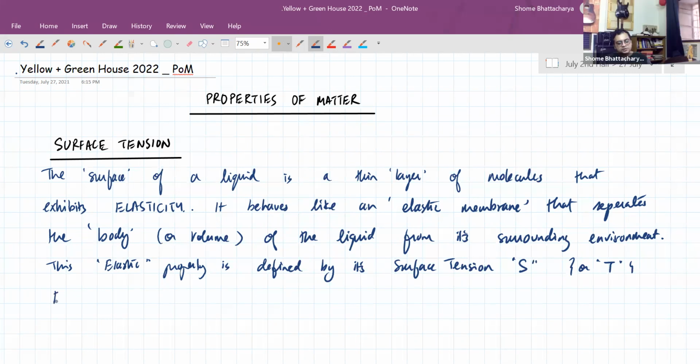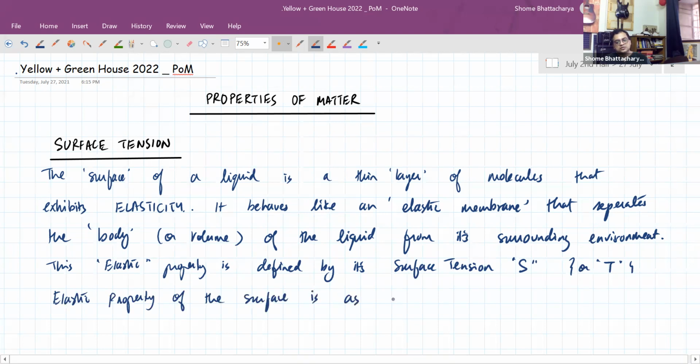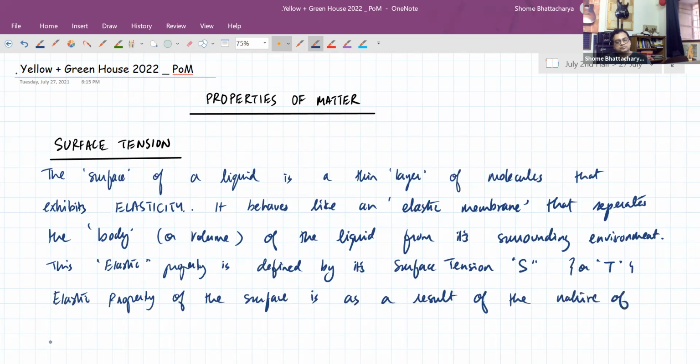So this elastic property of the surface arises out of, or you can say is a result of, the nature of the cohesive forces.